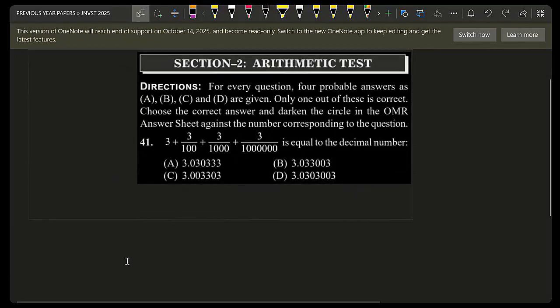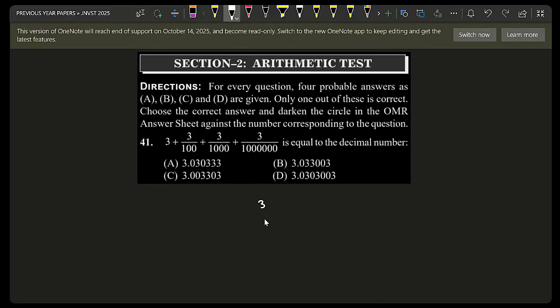This one we have to write in decimal number form. 3 by 100: 100 has two zeros, so we introduce two decimal places, 0.03. 3 by 1000, three decimal places, 0.003.